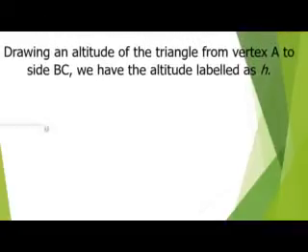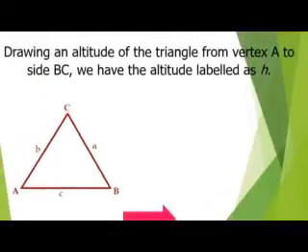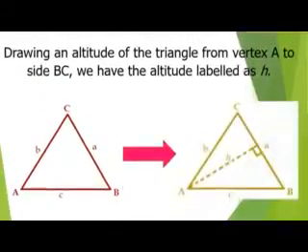Step 5. Using the triangle that was used in step 1, triangle ABC, drawing an altitude of the triangle from vertex A to side BC, we have the altitude labeled as h. Step 6.